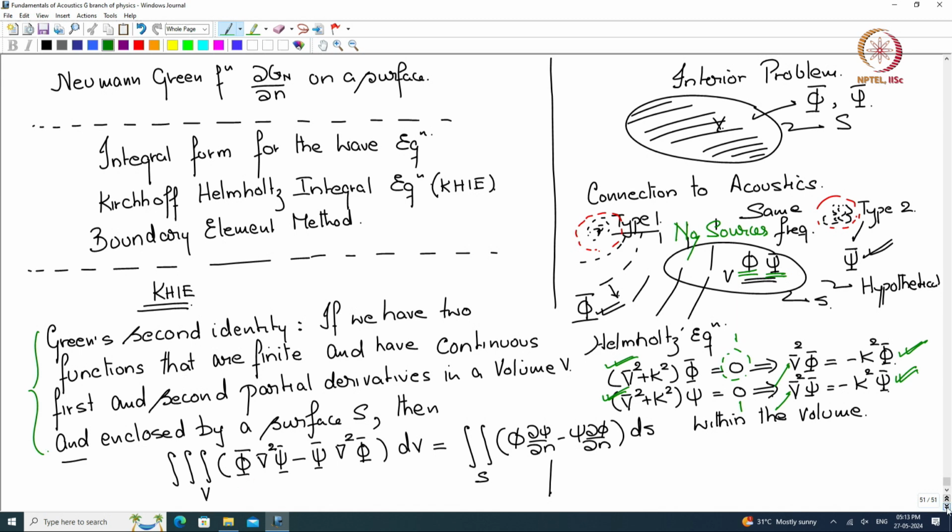We will have the integral over the volume.